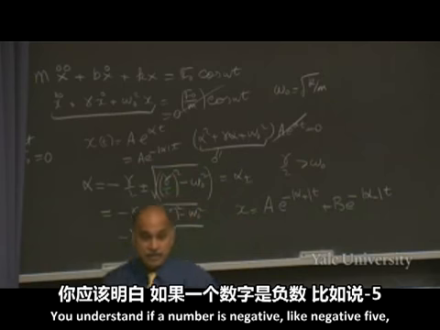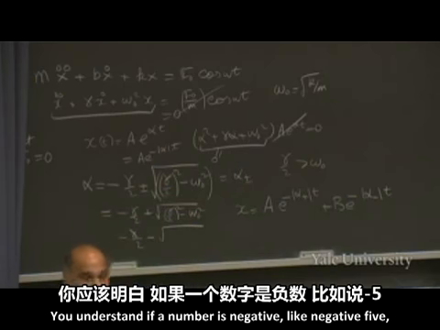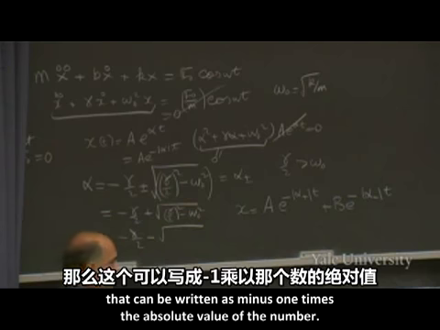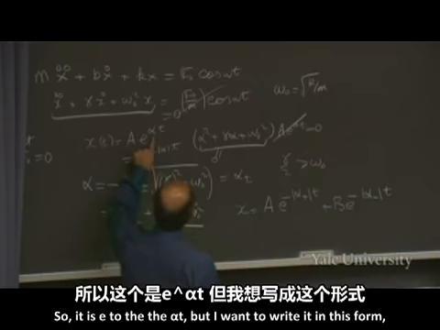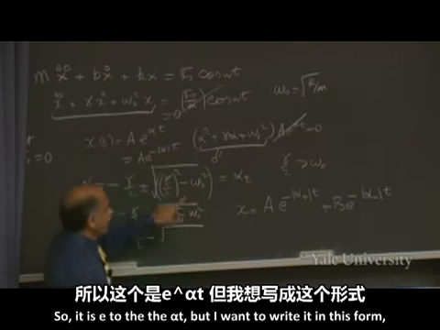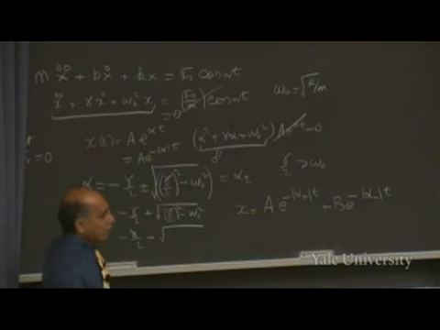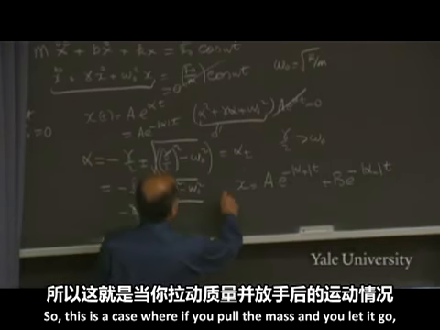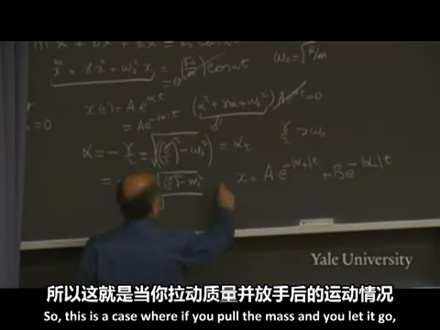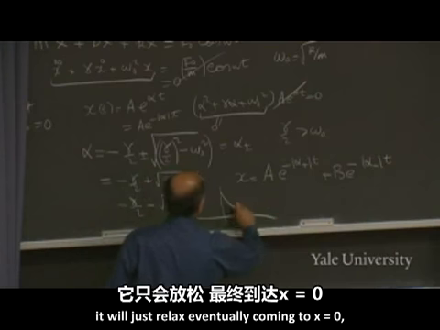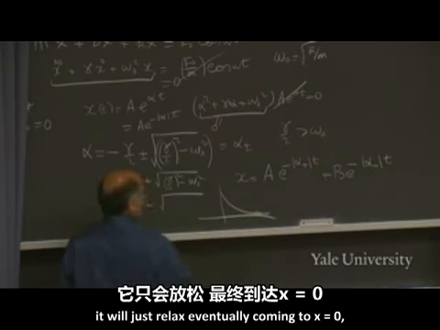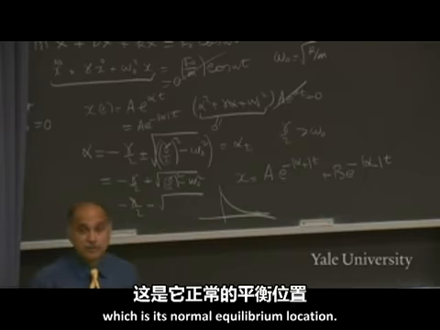You understand if a number is negative, like negative 5, that can be written as minus 1 times the absolute value of the number. So it is e to the alpha t, but I want to write it in this form. So it's falling. This is a case where if you pull the mass and let it go, it will just relax, eventually coming to x equal to 0, which is its normal, equilibrium location.